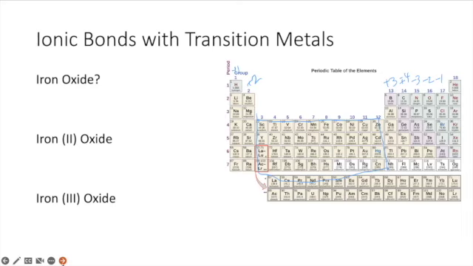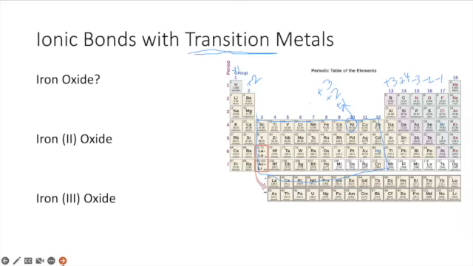As the name implies, they're able to transition with the amount of electrons they have. So sometimes nickel will form a +2 ion, but sometimes it'll form a +3. Sometimes it'll form a +1. And it's up to us to figure that out.